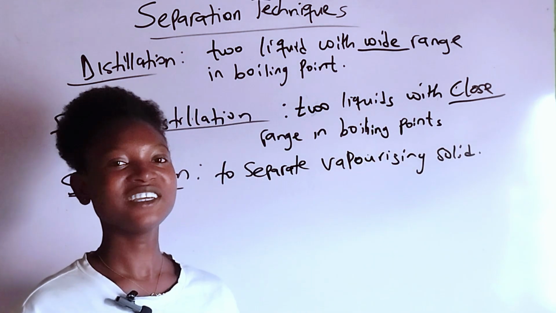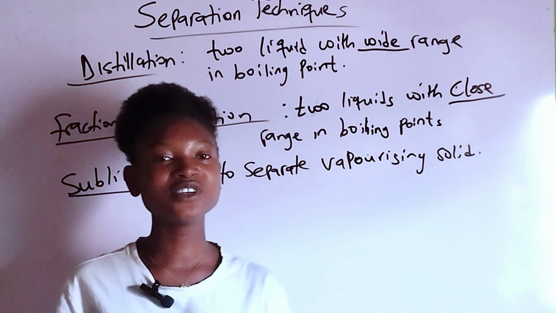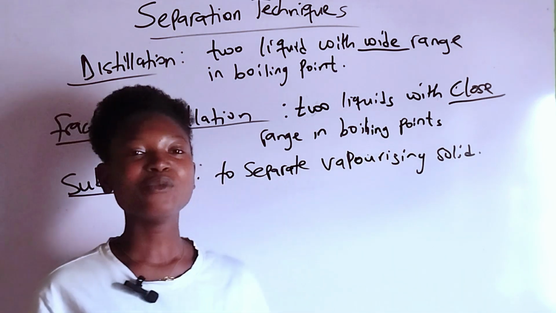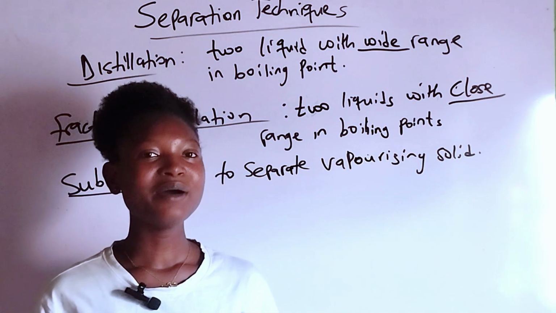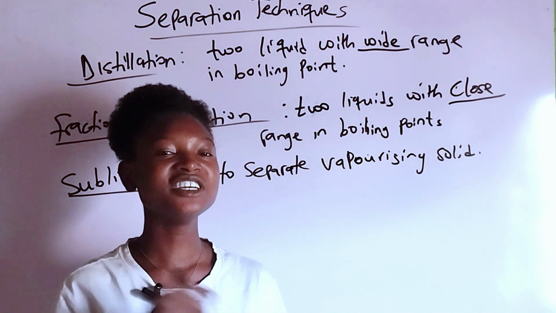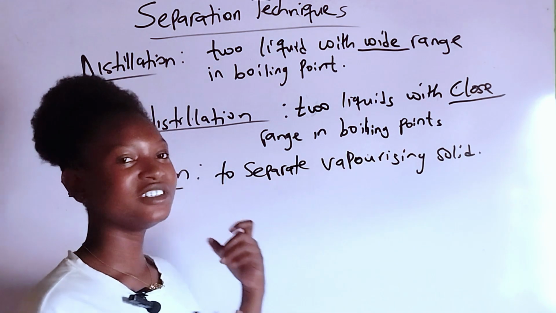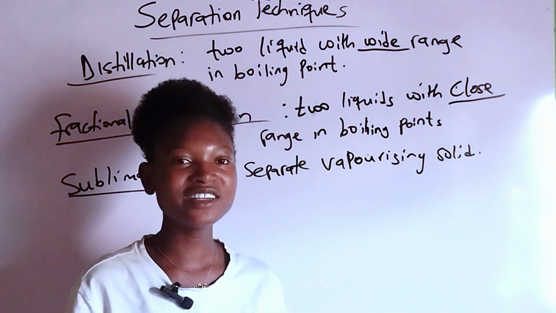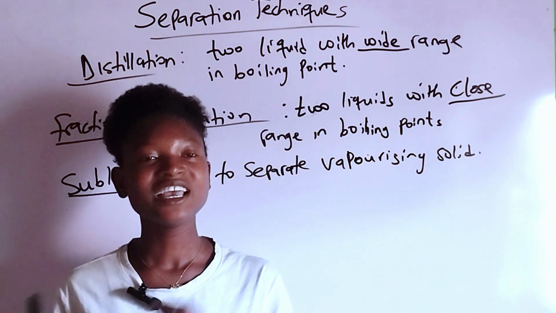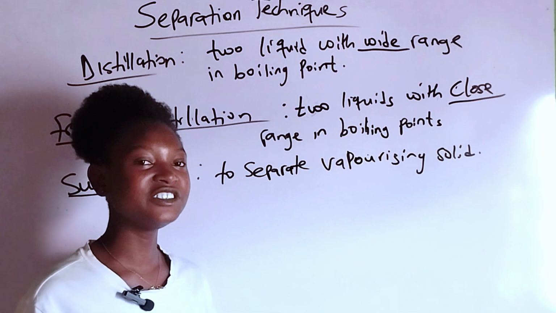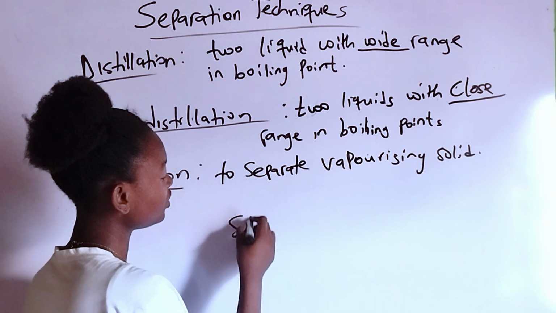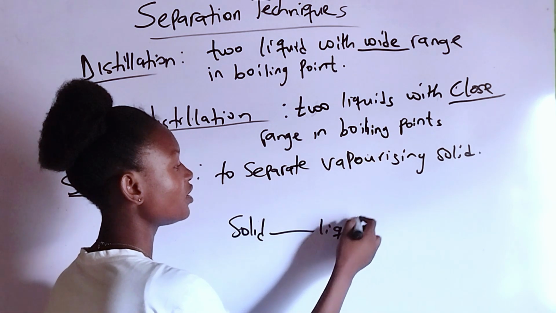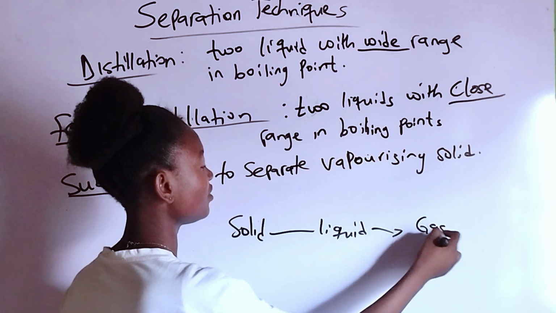When your solid changes directly from solid to gas, that's where we say it has sublimed. Normally, when we have a solid, it should go to liquid, then it will go to gas, right?